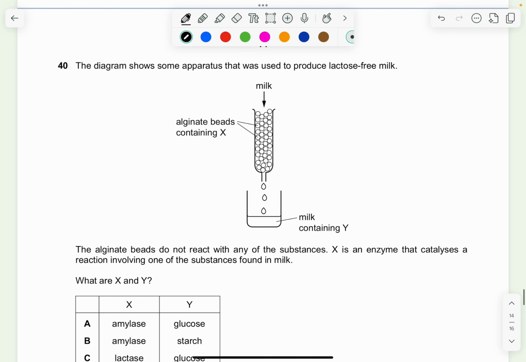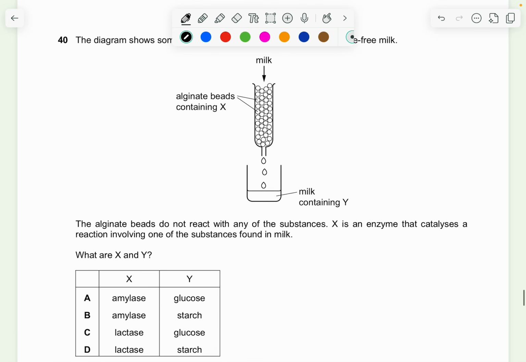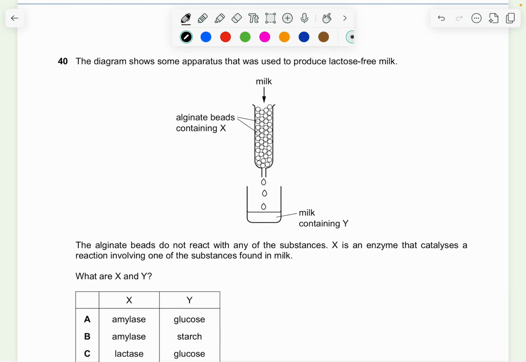Question 40. The diagram shows some apparatus that was used to produce lactose-free milk. The alginate beads do not react with any of the substances, and act as an enzyme that catalyzes a reaction involving one of the substances found in milk. So what is X and Y? In order to have lactose-free milk, you have to remove the lactose. So how do you remove the lactose?